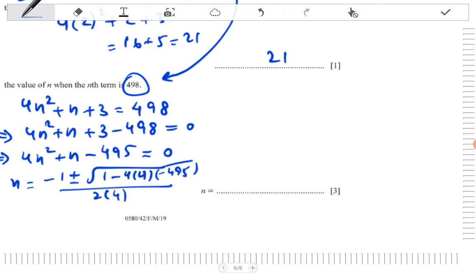You can use your calculator to find these answers. If I check with the help of my calculator, for the equation 4x square plus x minus 495 equals 0, and solve.